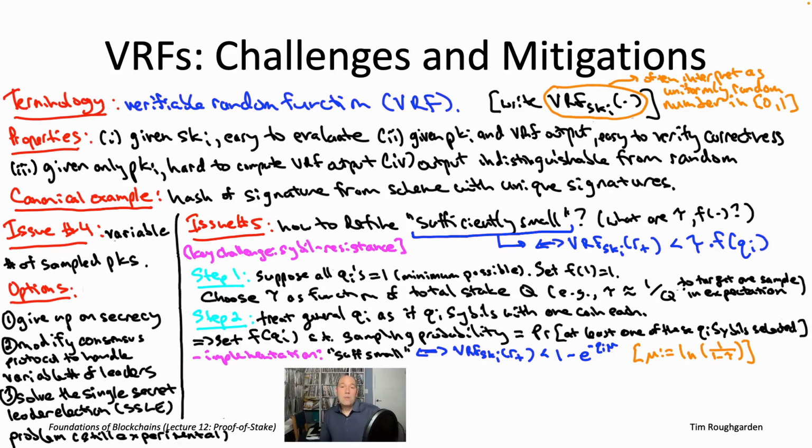So moving on to the right-hand side of the blue inequality, that has the form 1 minus e to the minus x, where x is going to be the parameter mu, which again is basically the same as the parameter tau, scaled linearly by the stake amount q sub i. And one way to understand this is to remember that e to the minus x is very close to 1 minus x when x is close to 0.